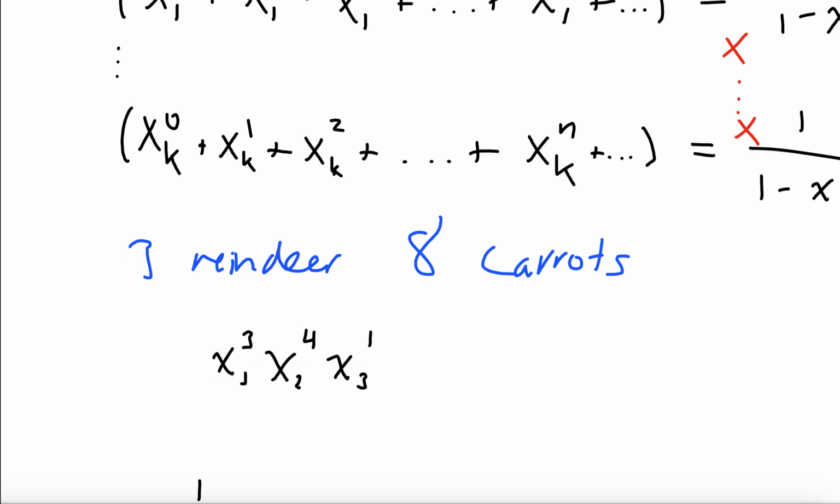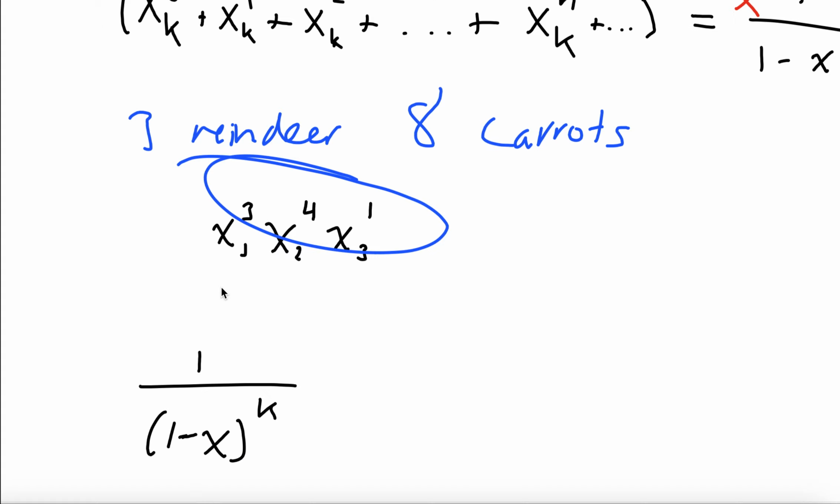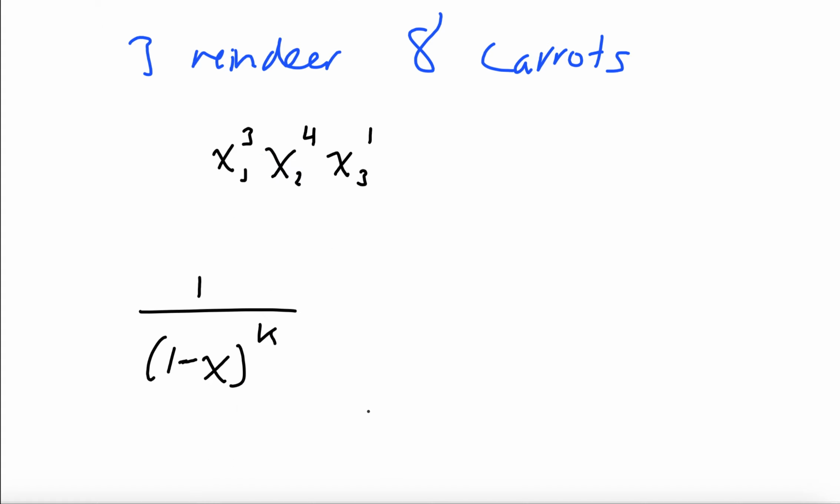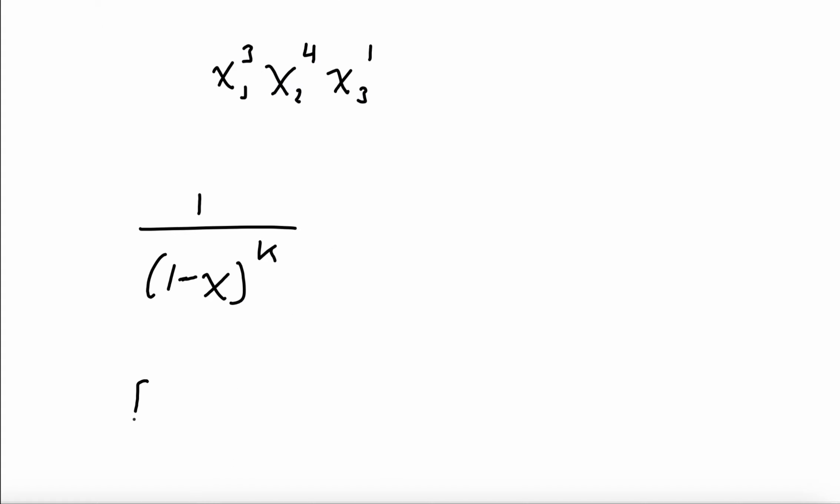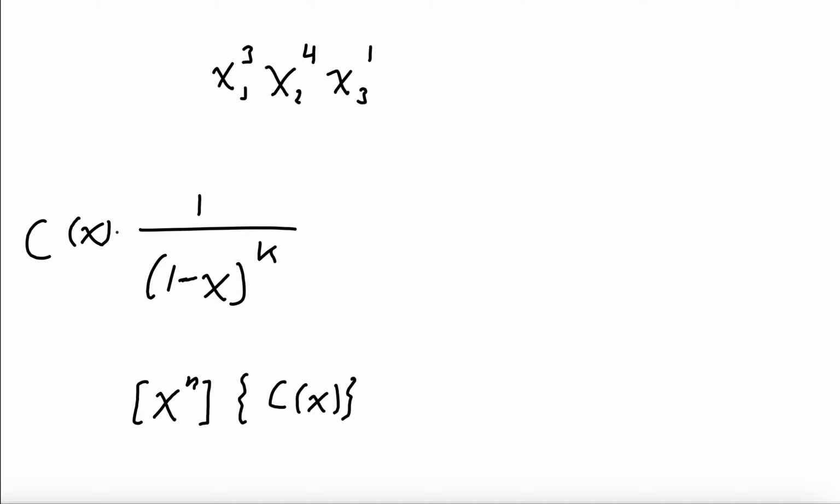Because you have n carrots total, always, to distribute. So that means we're looking essentially for the coefficient, using our notation from the previous episode as well, in square brackets, the coefficient of the x to the nth term in c of x, our counting generating function. And c of x is, again, equal to 1 over 1 minus x to the k power, because it's the product of all of our individual case functions.